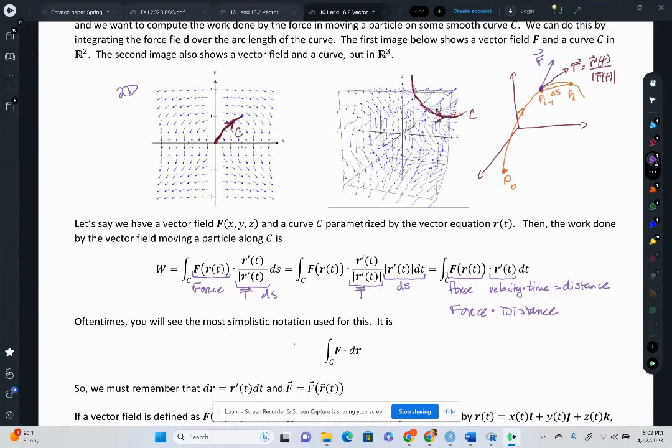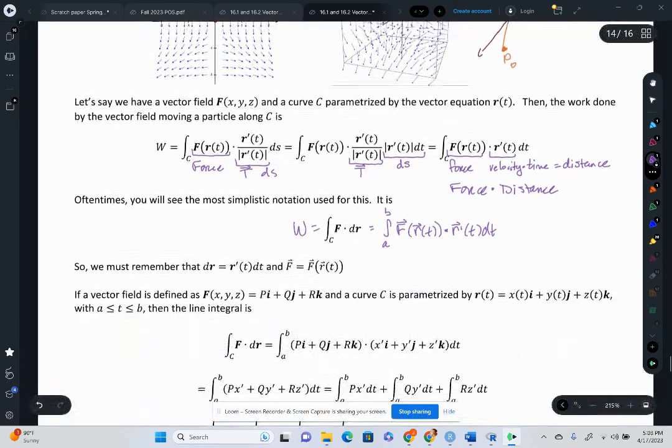So work is going to be the integral over a curve of F dot dr. And we just have to remember that the way this is written is an integral from a to b of F evaluated at the parametrization, r of t, dotted with r prime of t dt.